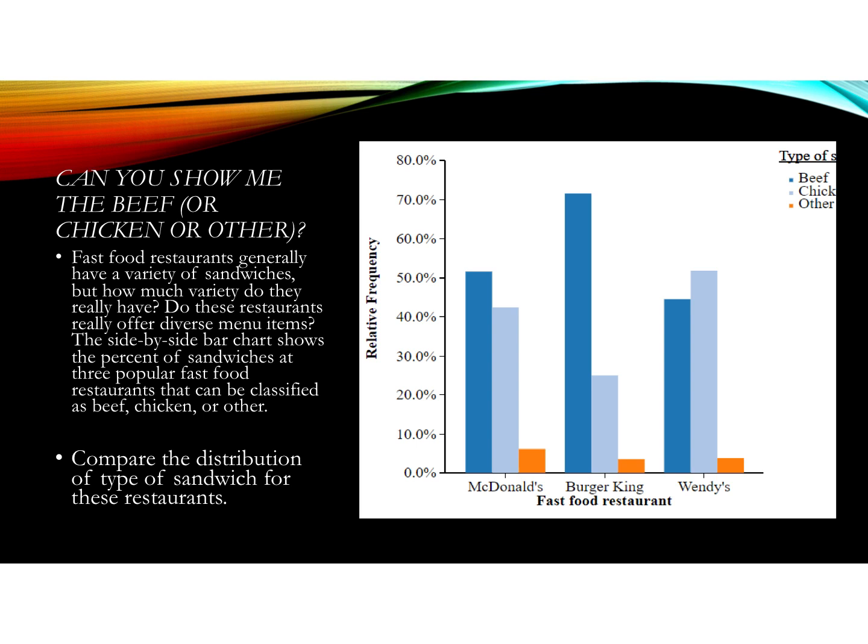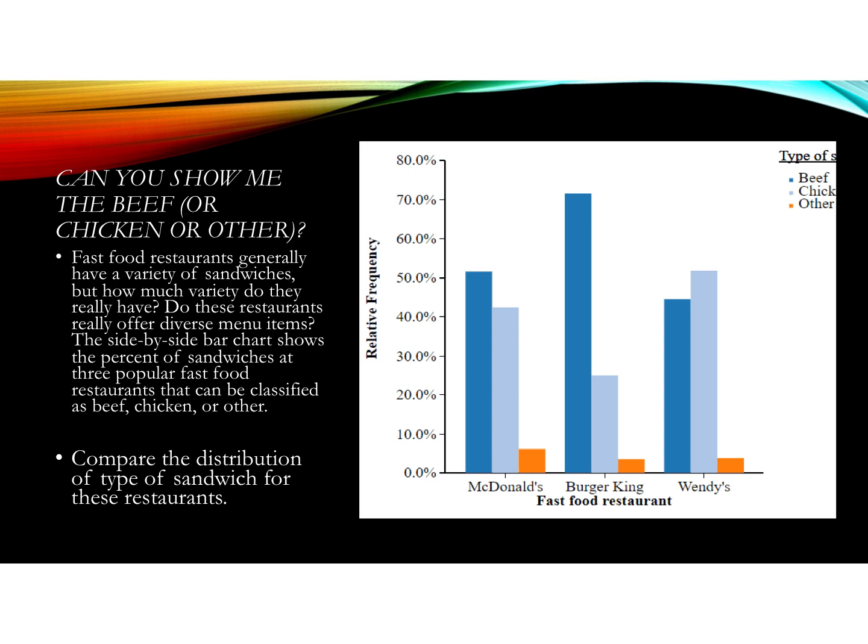They all have more, well actually Wendy's has more chicken than beef, but Burger King has the highest percentage of beef sandwiches, McDonald's has the second highest, and Wendy's has the least percent of beef.